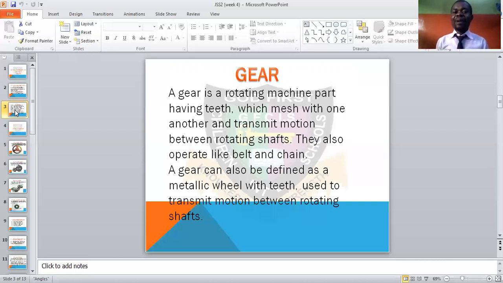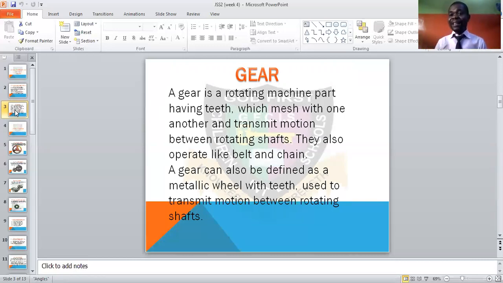A gear can also be defined as a metallic wheel with teeth, like I said, used to transmit motion between rotating shafts. You remember the belt drive is used for transmitting mechanical energy. This one also is a mechanical energy transmission system.